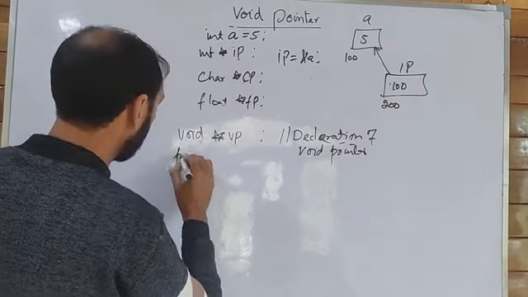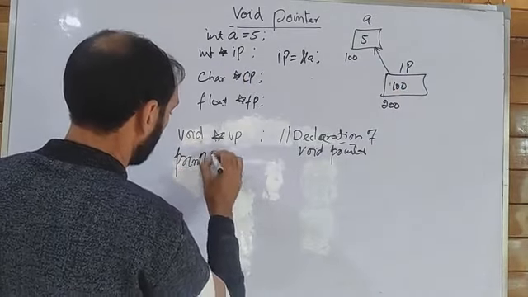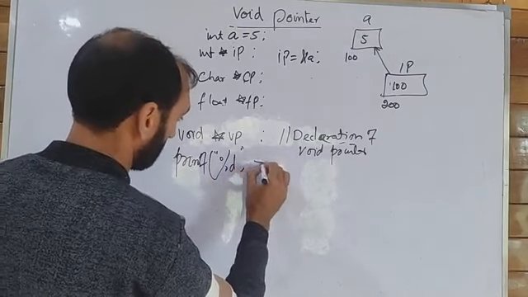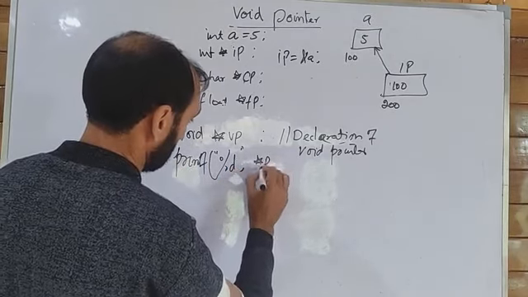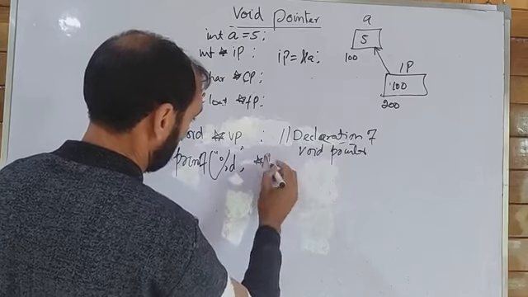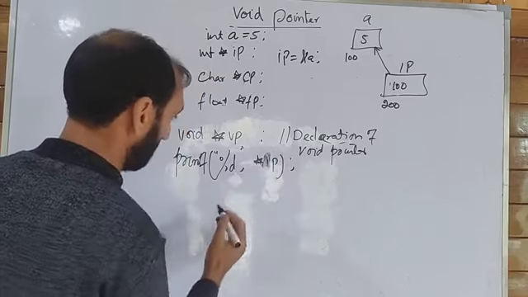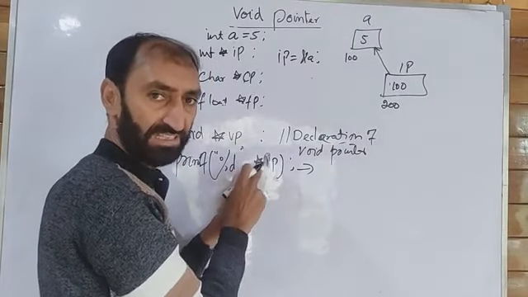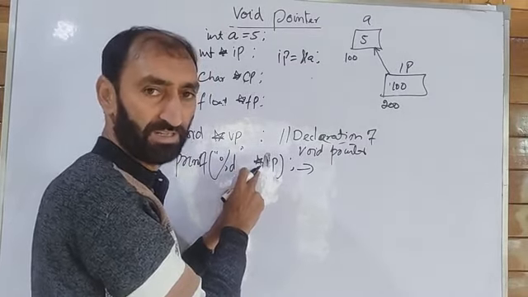If I print here printf %d, *IP, what would the output be? This is the indirection operator. Here it acts as a dereferencing operator.